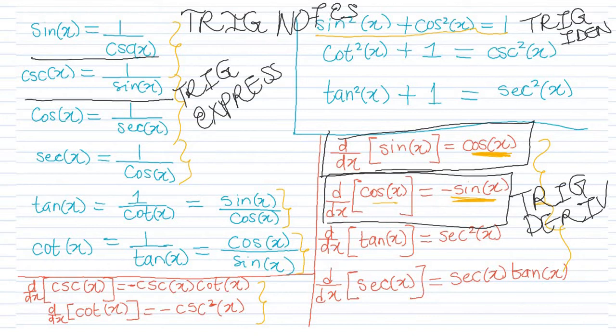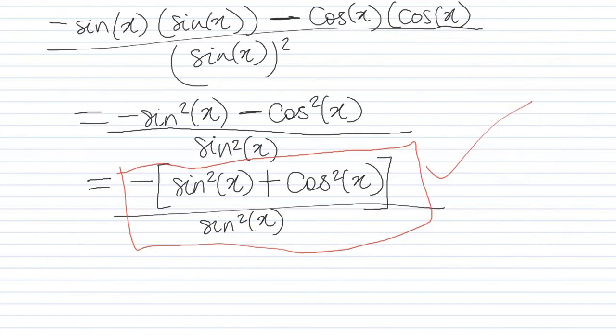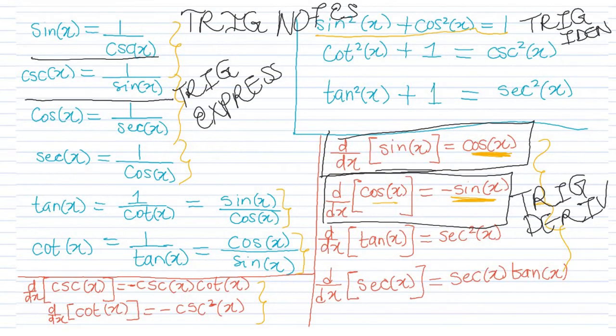So when we go to the trig notes, we compare. If we look at trig expression, it's not wise to look at trig expression here because what we have involves a plus in between important stuff, and also 1 over sine squared x does not really have something else multiplied to it that we can maybe cancel out. So let's just look at the trig identities in the trig notes. Here we have sine squared x plus cosine squared x, and that equals 1.